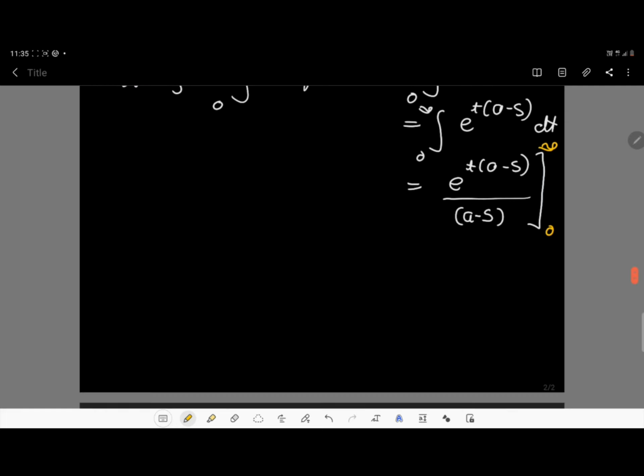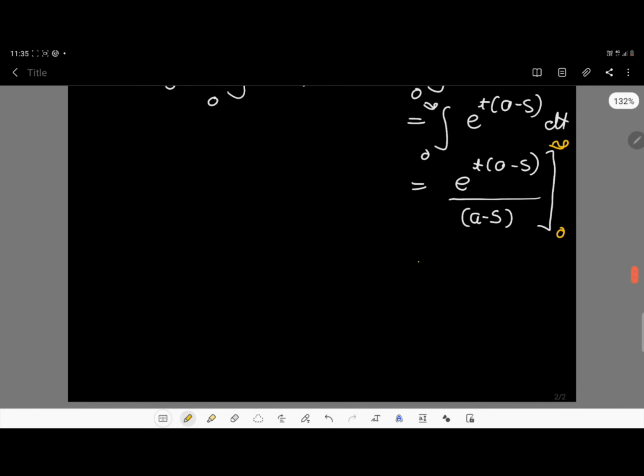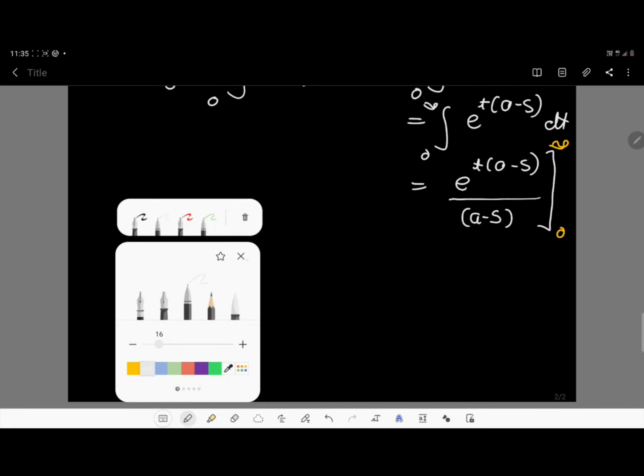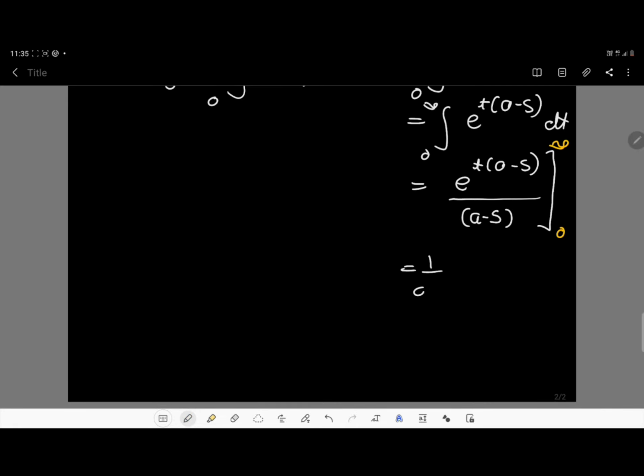So now substituting the limits, 1 upon a minus s, this will become e raised to power minus infinity minus e raised to power 0, and this will become 1 upon a minus s into 0 minus 1.